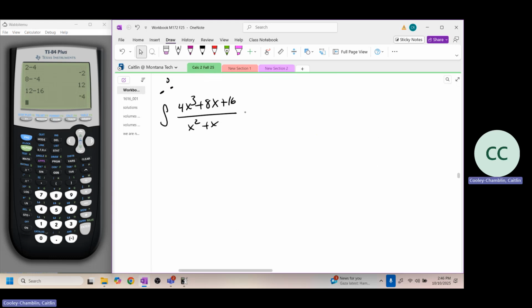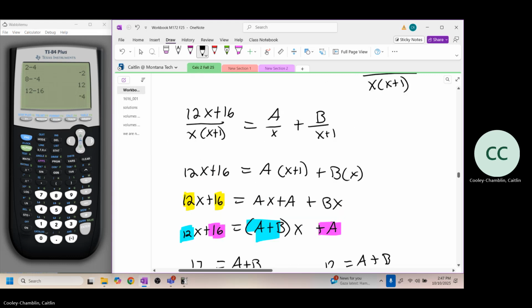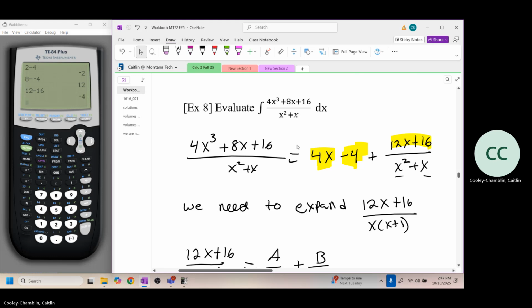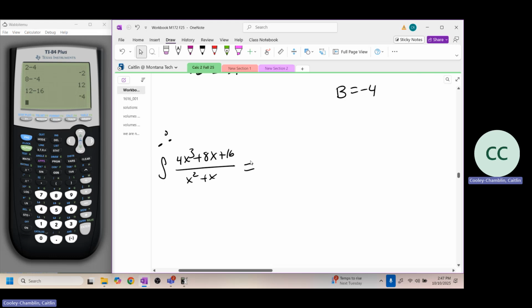Yes. Equals the integral, dx, of 4x minus 4.